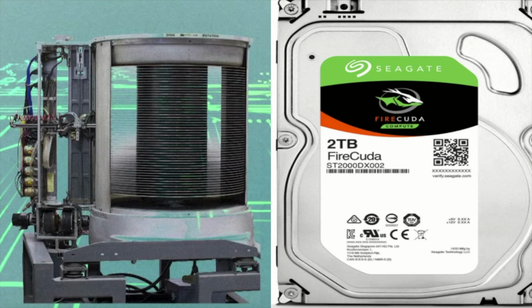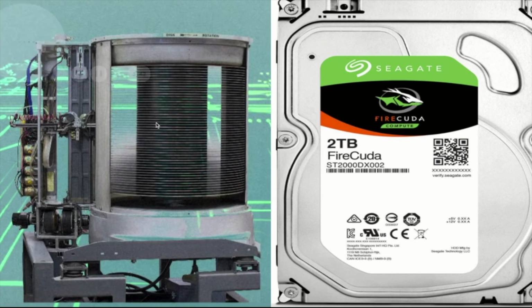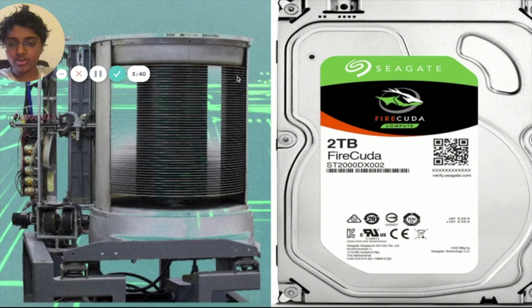And to put that into comparison, 1 gigabyte is roughly 1,000 megabytes. So this huge thing only had a storage capacity of 1.2 gigabytes. In comparison, this is a 2 terabyte hard drive.